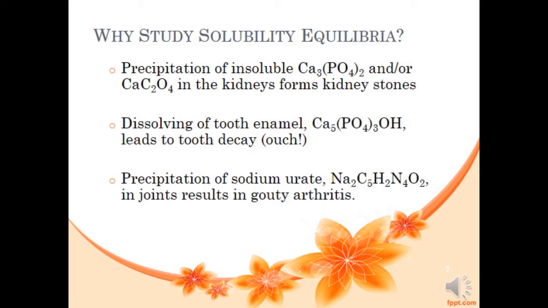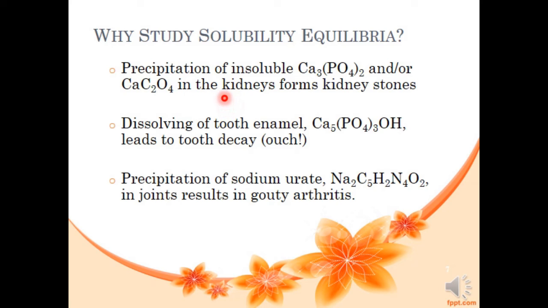For example, oxalate you get from chocolate and spinach. Calcium you get from dairy products. So if you take too much of this, go back to the concept of equilibrium. When calcium oxalate or calcium phosphate dissociate, it will form calcium and phosphate or calcium and oxalate.